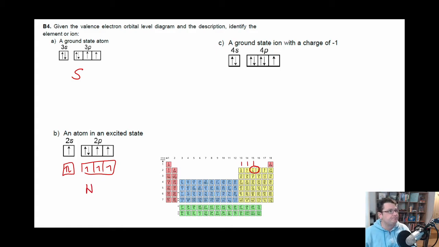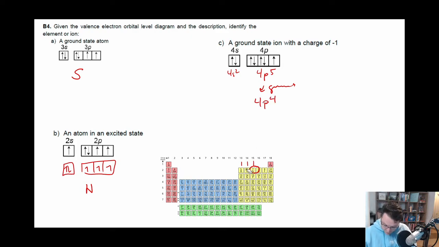For C, a ground state ion with a charge of -1. That's telling us that if it has a charge of -1, it has one extra electron. Looking at it, we have 4s2 and then we have 4p5 in this case. So that tells us that in the ground state, what we should have is 4p4.